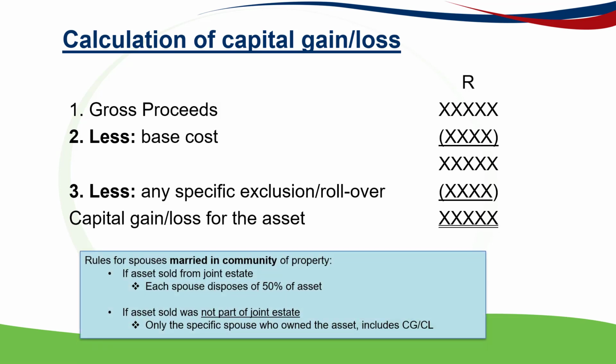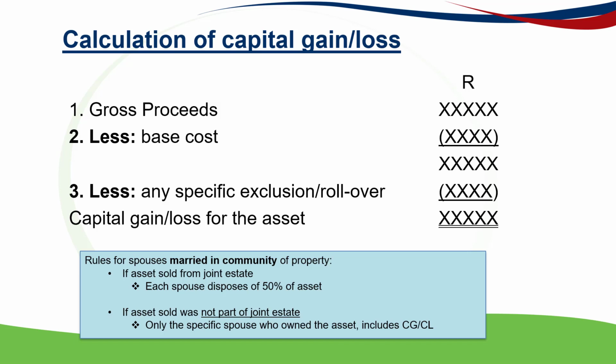Now, there are special rules for spouses married in community of property, in that if the asset disposed of forms part of the joint estate, then each spouse will be deemed to have disposed of 50% of the asset.